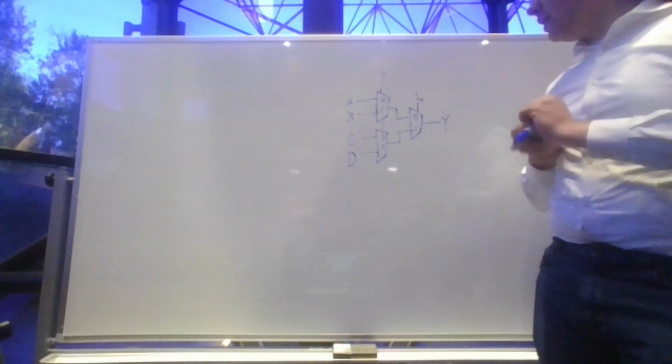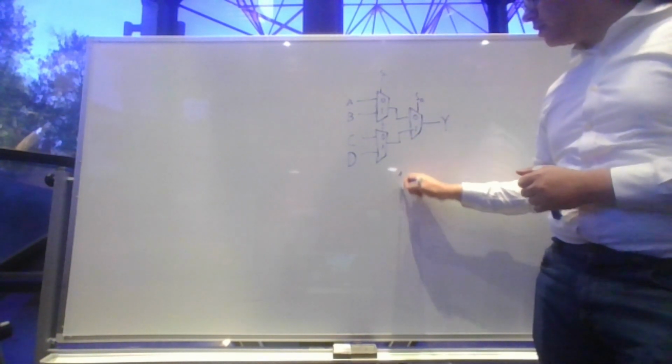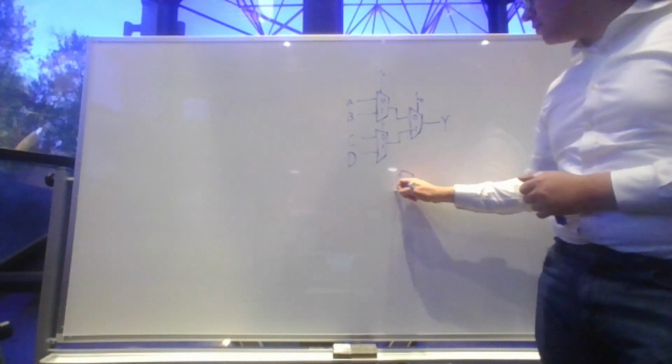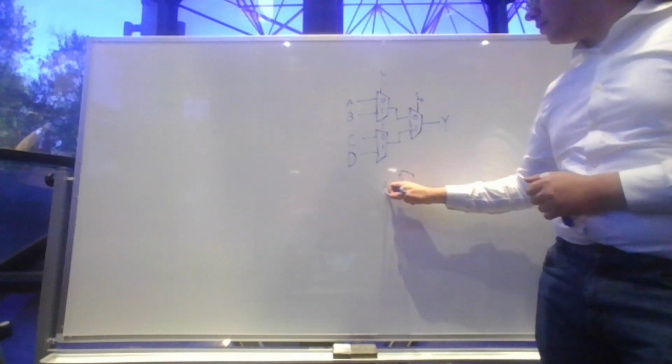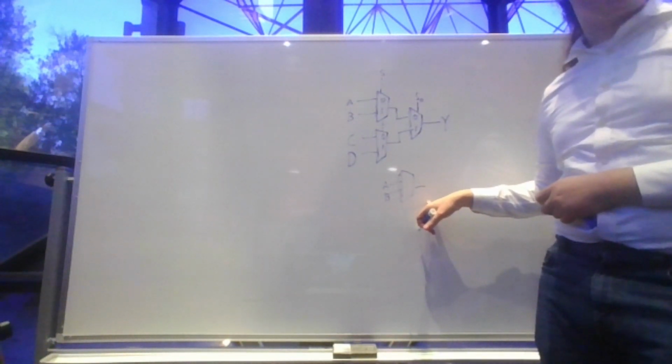So you'll notice that each of these smaller ones is what we would call a 2-to-1 multiplexer. So it has two inputs, A and B, and then one output Y. So it chooses between two inputs and outputs one of them.